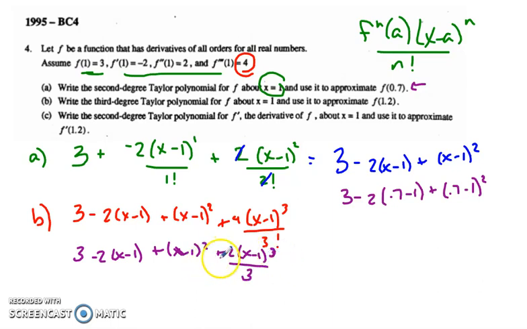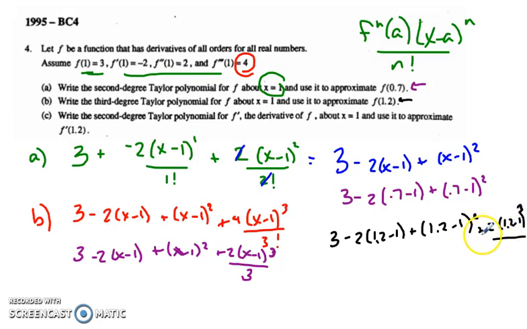So this is my third degree Taylor, and if I'm going to approximate f of 1.2, what I need to do is sub in 1.2 for each x value, and I am not going to multiply them out because I don't need to. I'll let you guys do that if you so desire. So I've plugged in 1.2 for each of the 3 x values.